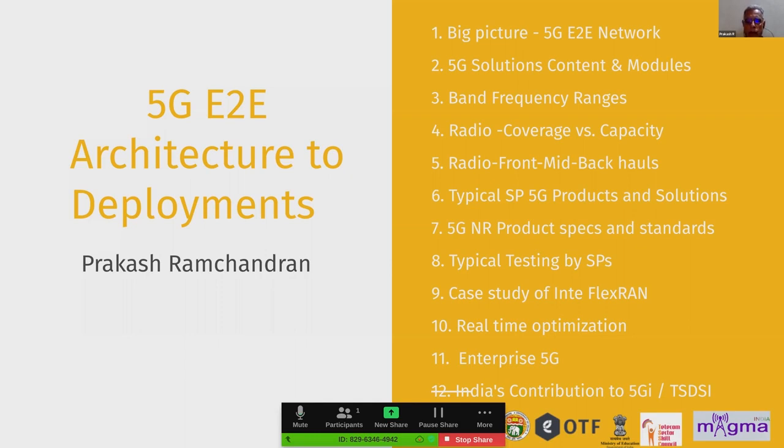Finally, I will cover enterprise 5G and India's contribution to 5G for IMT-2020, related to the modulation and the rural deployments, etc. Under the TSDSI, which has been very active in trying to bring together an effort from the Indian side. With that, let me dig into the first slide.